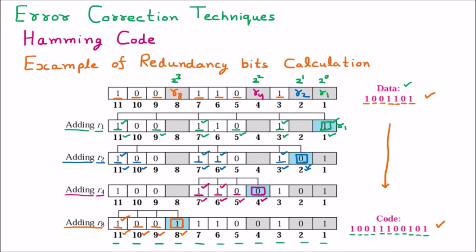Now if an error occurs, then how is it going to take care? So first of all, I am going to write the code separately, so that if an error comes, then we are going to understand this. So here we have taken the data and the code separately. So here was the data which was earlier given, and this was the code which was generated after the Hamming code. Now we are going to see how the error is detected and corrected with the Hamming code.